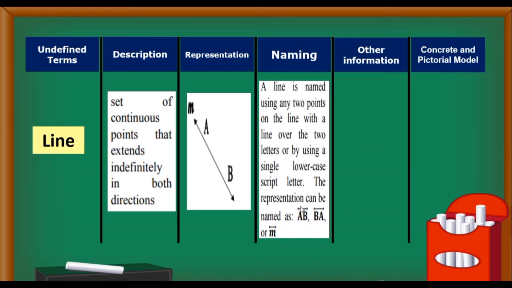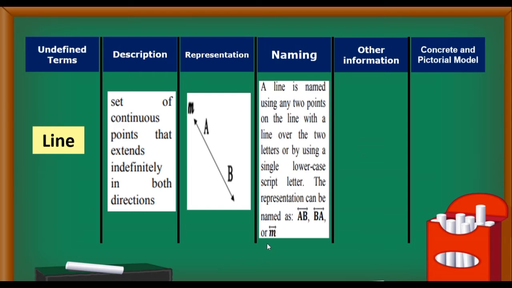Pag binasa natin ito, babasahin nyo muna yung salitang line, at ang representation po nun ay may line sa taas ng letter at dapat may dalawang arrow. So, kung babasahin natin, line AB, pwedeng 2 capital letters or pwedeng line BA, or pwede rin po siya ng single letter. Dapat daw po ay naka-script. We can name this as line M. Kadalasan, yung small letter po ay nasa isang side lang ng ating line. Pwedeng nasa left side or nasa right side.